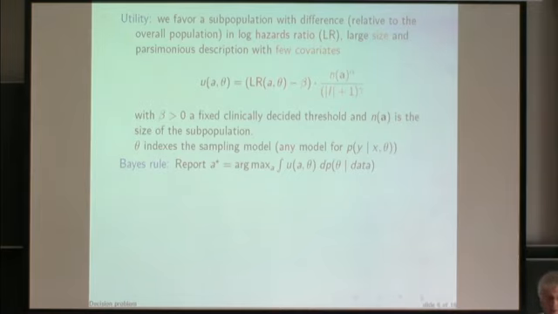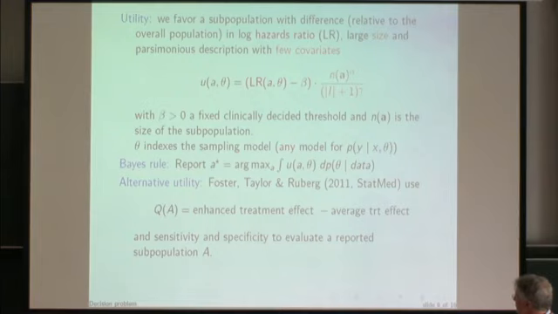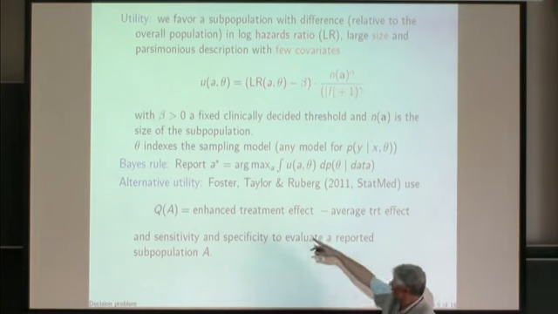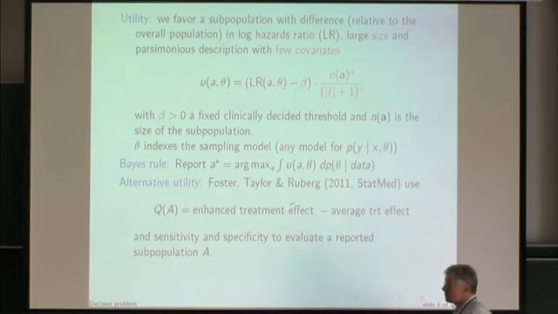And in principle, that's it, because that's the Bayes rule for the optimal subpopulation. Jeremy Taylor and collaborators use some very similar criteria. They define something which they call the enhanced treatment effect, and on the basis of that, they find the winning subgroup. They stop short of a formal decision theoretic notion, but that's essentially what they do.